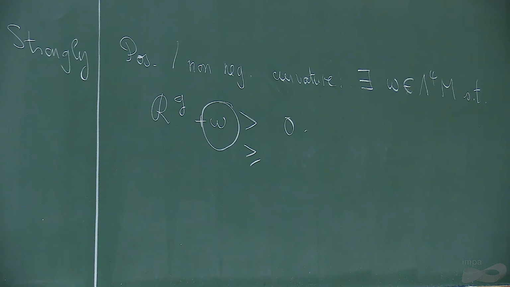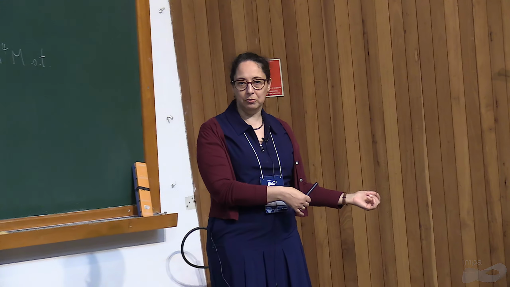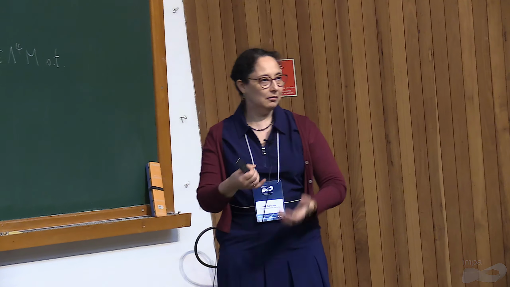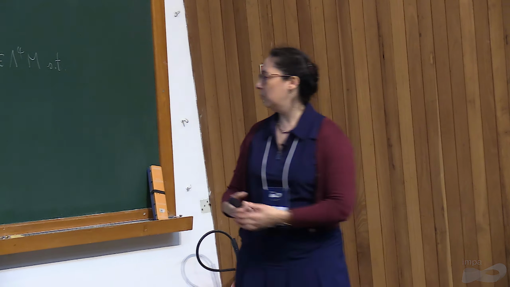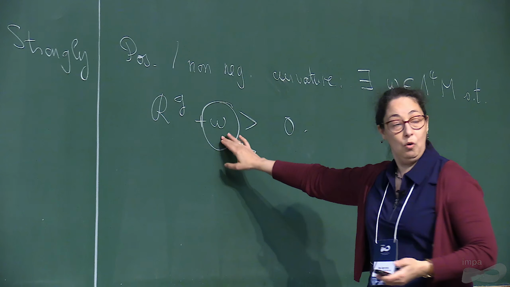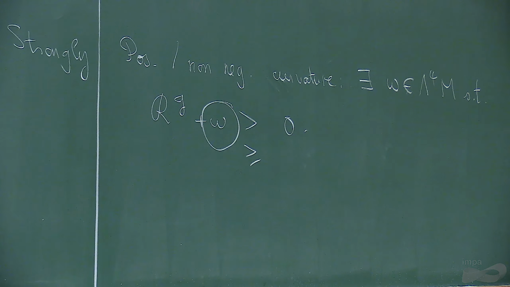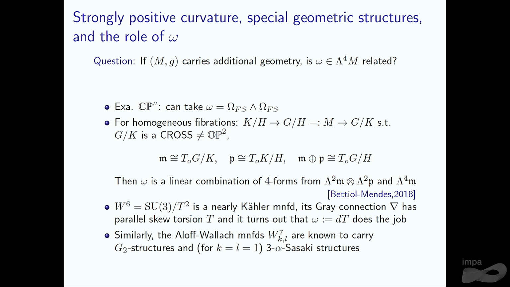So if this is a good concept, it should be possible to understand the 4-form through the geometric structure existing on these manifolds. And our goal was to relate these two notions, to see whether we can understand the 4-form from the geometry. So, where does omega come from? I should add that the proofs by Bettiol-Mendes are not constructive. They show the existence of a 4-form, but they don't say what it is. So we wanted to pinpoint it.